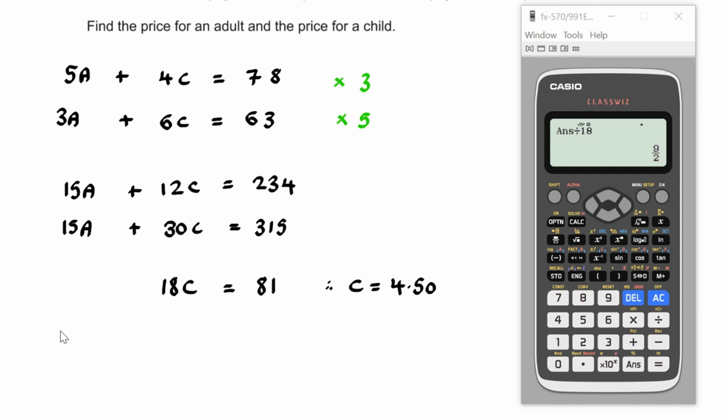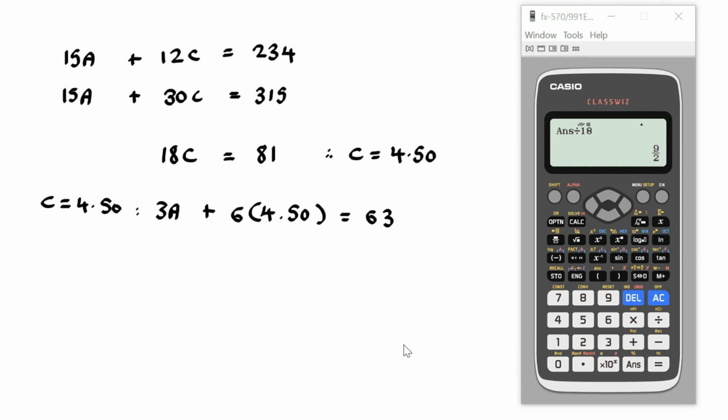And if a child ticket costs £4.50, we can use this to find out what an adult ticket is. So we have 3 times an adult ticket plus 6 lots of £4.50 equals 63. So we have 3a plus, well, if I multiply this by 6, we end up with 27.